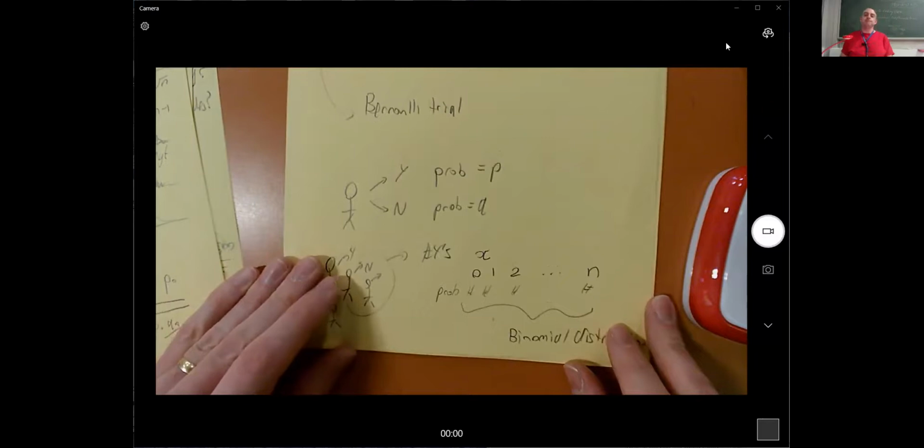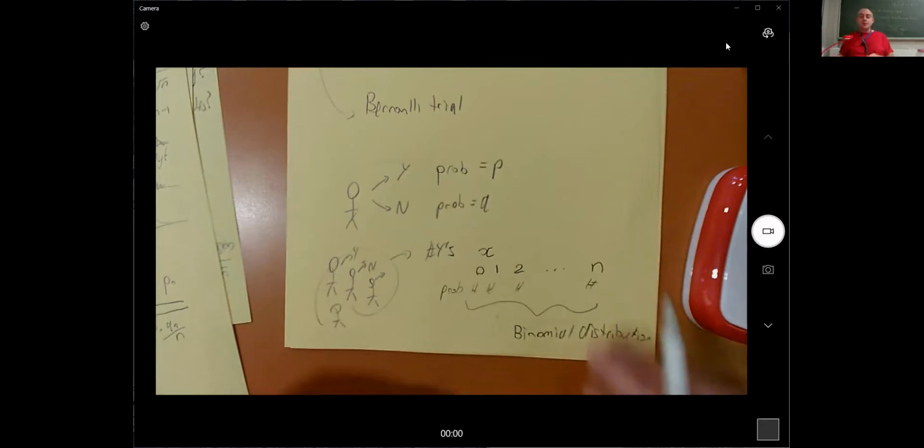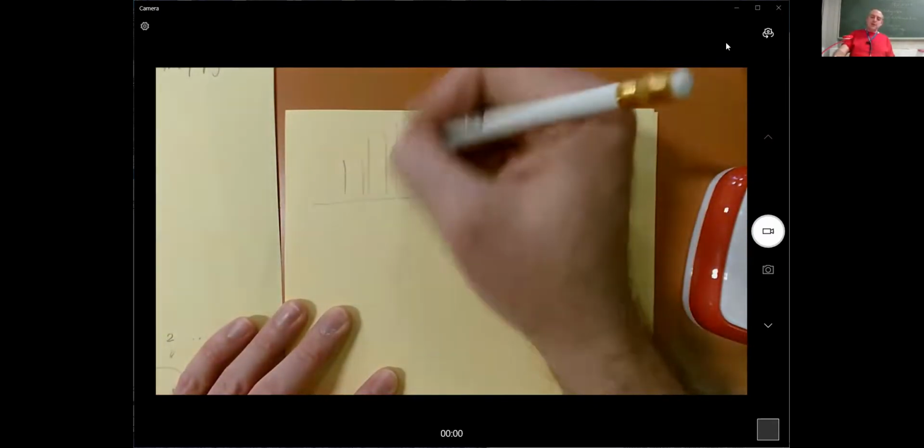Population, yep. So this is called a binomial distribution, and our big keeper of the distribution is a great big book of all the binomial distributions, and there's a different one for each sample size and each probability P. And it turns out that the binomial distribution looks like this if you do the probabilities.